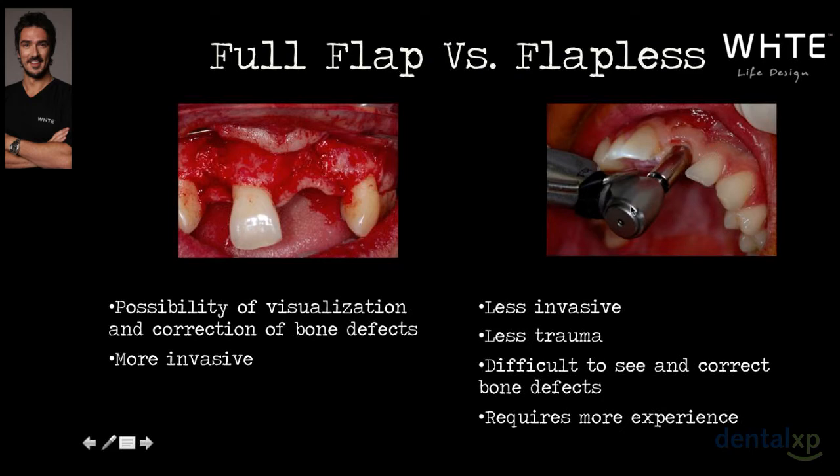If you can, like in this image on the right, use a flapless technique, it's less invasive and patient acceptance is huge, but you do need a little more experience and probably a surgical guide to get the implant in the right angulation, because otherwise you'll have some perforation of the buccal plate, since there's nothing better than seeing what you want to see. So there's no perfect solution for what type of flap you should use, and both are highly valid.